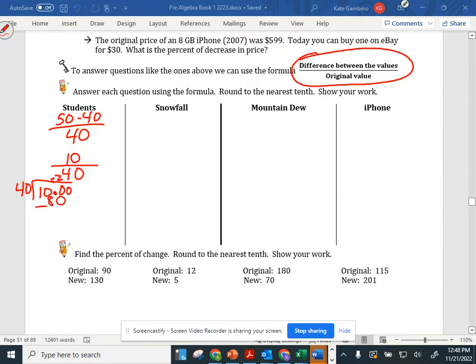So that would be 80. 4 goes into 200 5 times. So it's 0.25. What percentage is that? Yeah. So our answer is 25%.